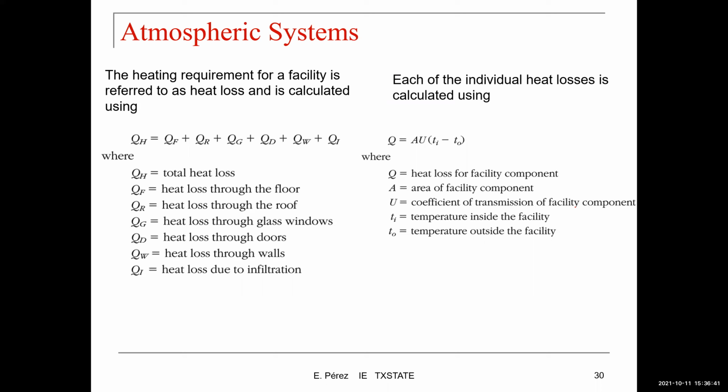And then we also needed the information about the temperature inside and outside the facility. So in this case, TI represents the temperature inside the facility, and TO, the temperature outside the facility. And finally, we need the area of the component. So if we were looking at the floors, we will compute the area for the floor. If we needed the roof, compute the area for the roof, and the windows, doors, and so on.